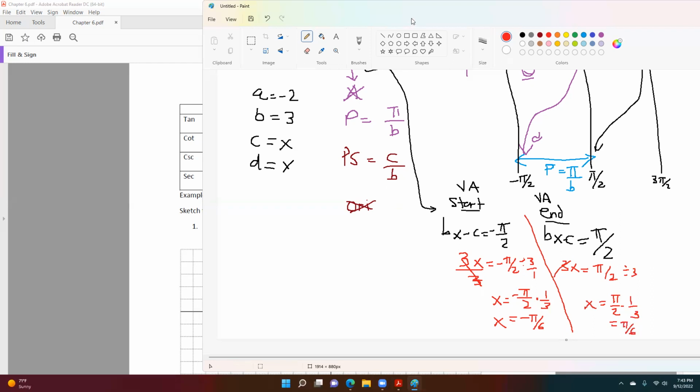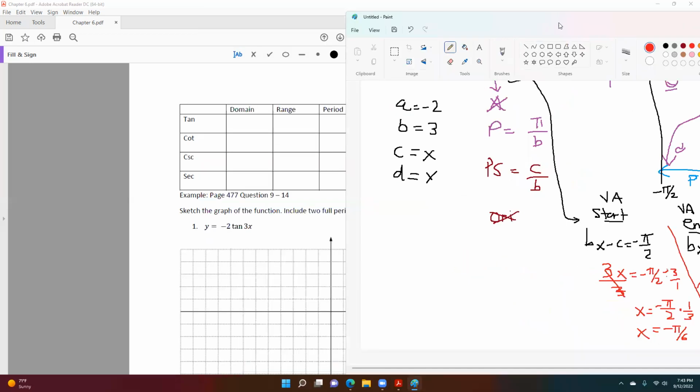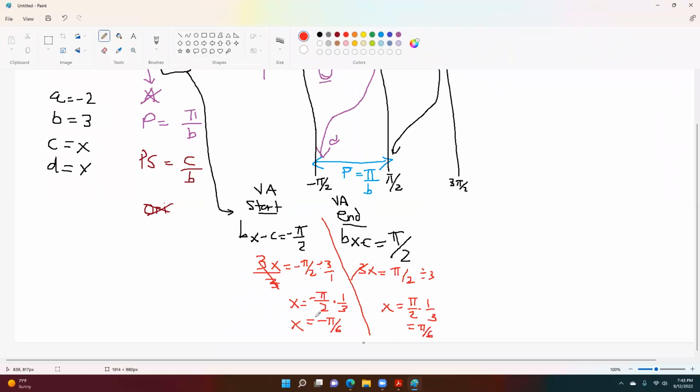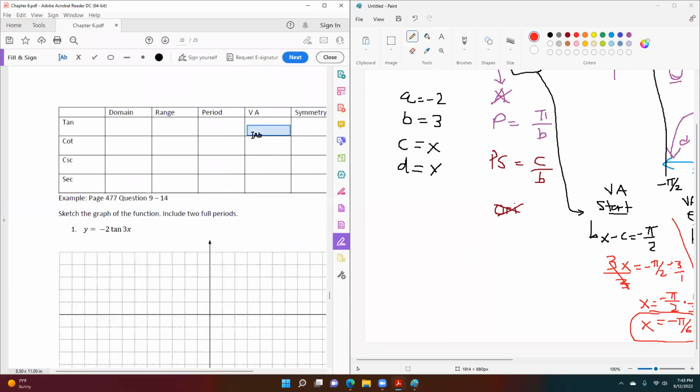So, class, if you want to draw this graph, first you have to figure out your starting vertical asymptote and your ending vertical asymptote. That is negative and positive pi over 6. I'm going to use that to draw. Let's put down pi over 6.